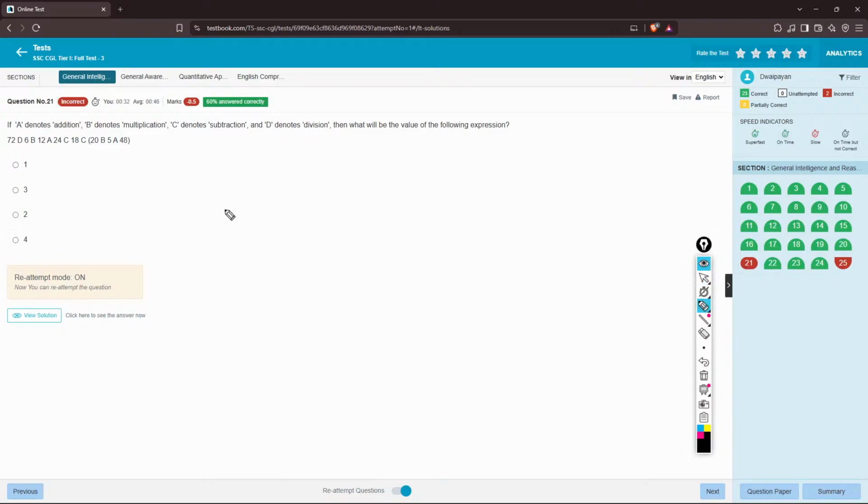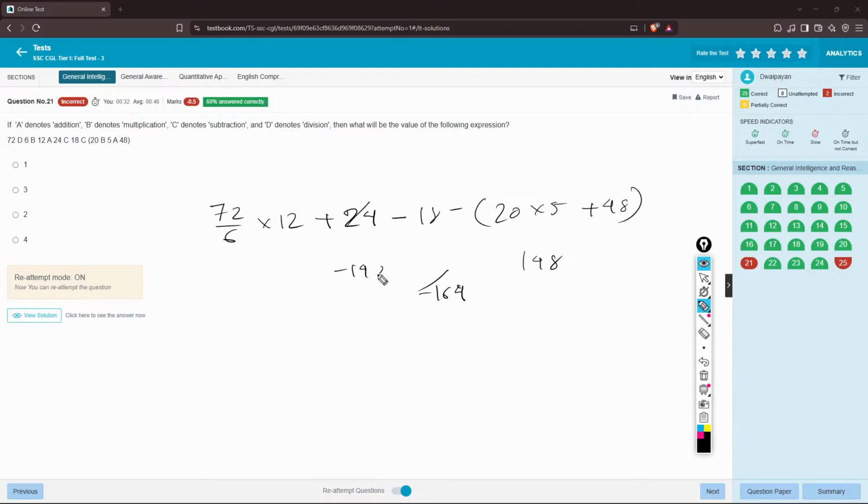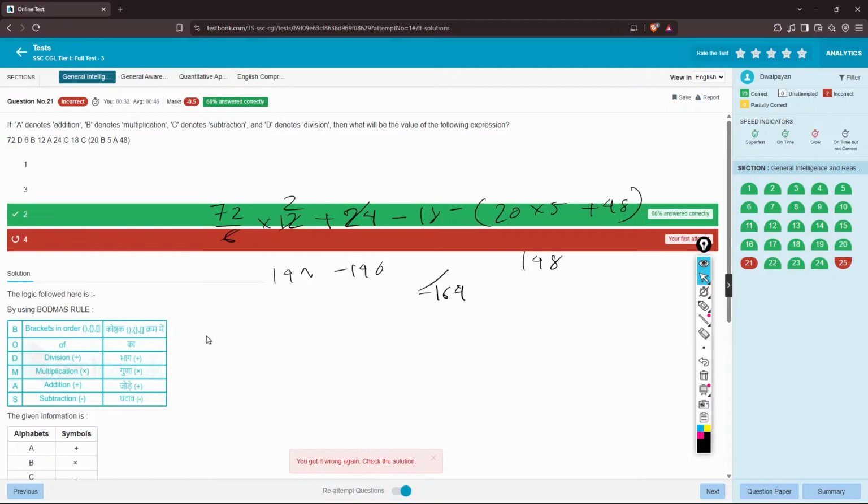Okay, D means division, B means multiplication, A means addition, C means subtraction. 148 minus 164 minus 140 to 144. This is 4, right? What happened?